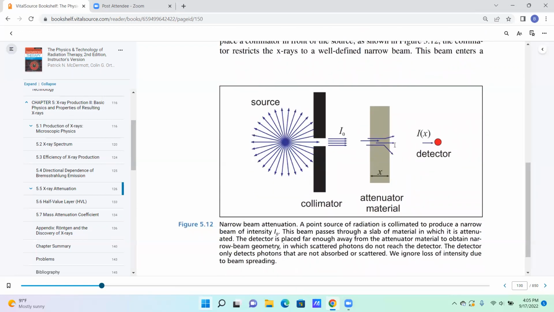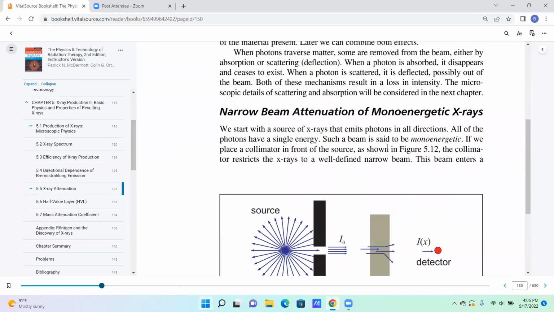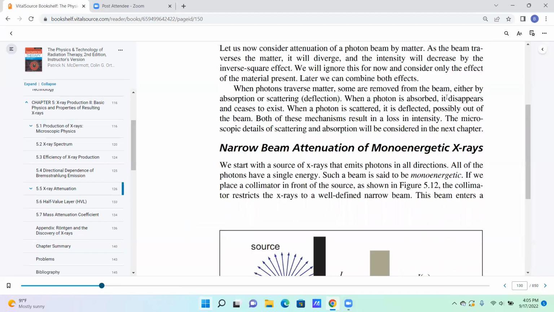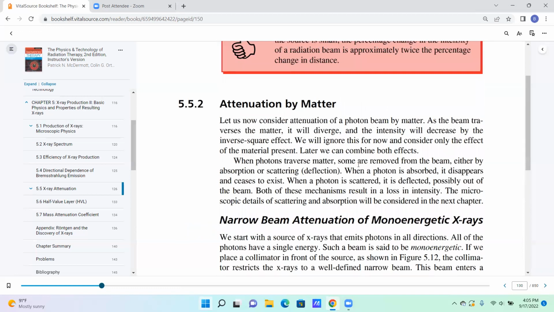So they're going through a particular, let's say a phantom, let's say they get absorbed and some get bent. So when a photon is absorbed, it disappears. It's not existing. When it's scattered, it is deflected and possibly outside of the beam that we are examining. So both of these result in a loss of intensity.